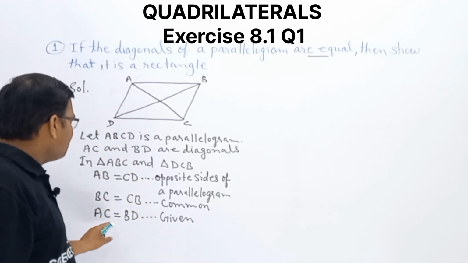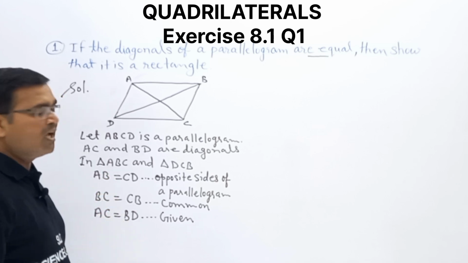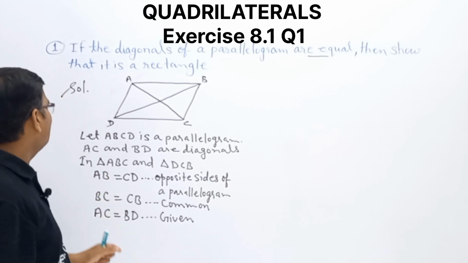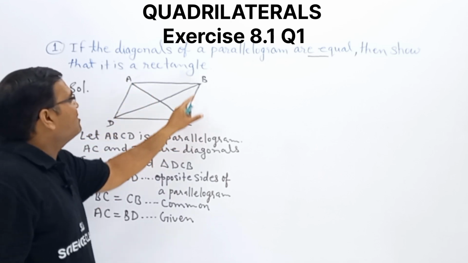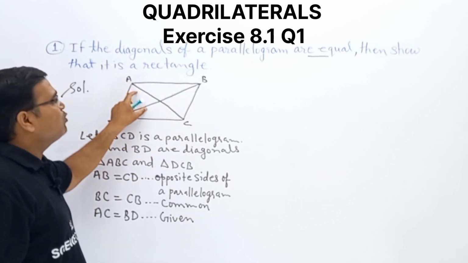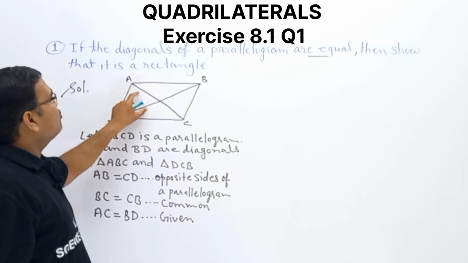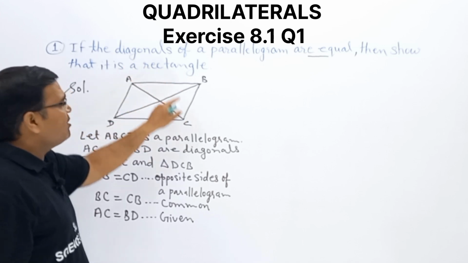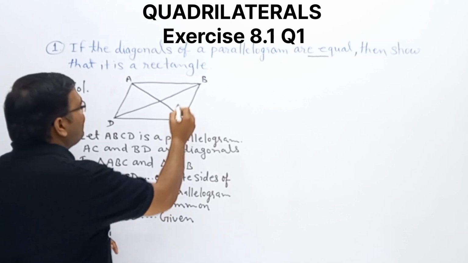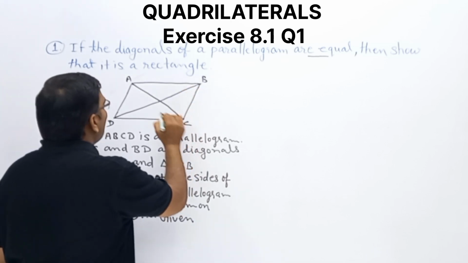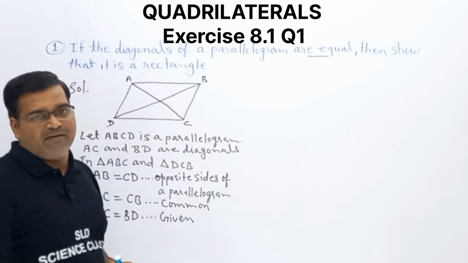So we obtained three things. Again observe: we have a parallelogram whose diagonals are equal, and we want to show it is a rectangle. Rectangle means all angles should be 90 degrees.